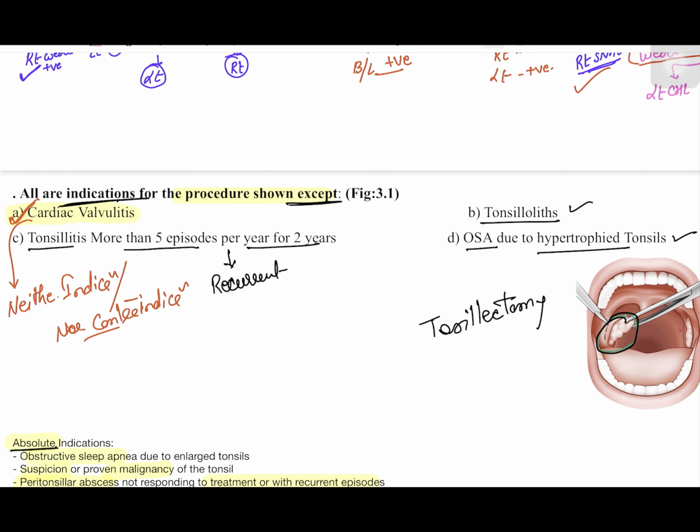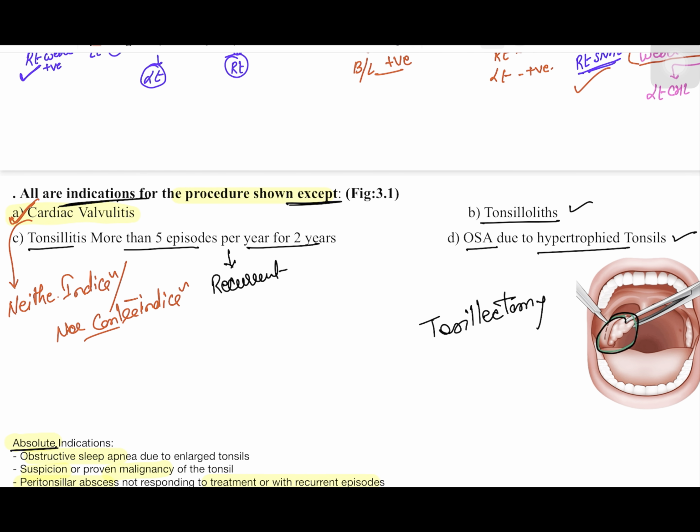If you want to know the contraindications for tonsillectomy, they are also absolute and relative. In absolute, we have uncontrolled bleeding disorders like hemophilia, and unstable cardiopulmonary diseases. Acute infections, poor general health, or any severe systemic illness, these are all absolute.